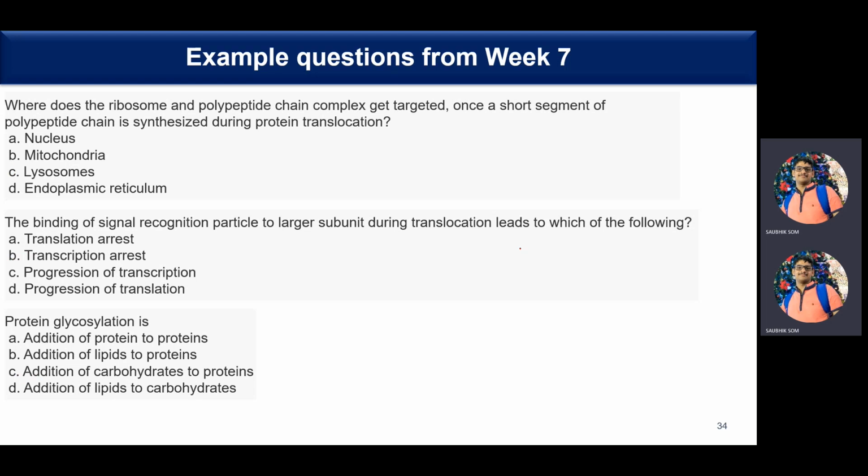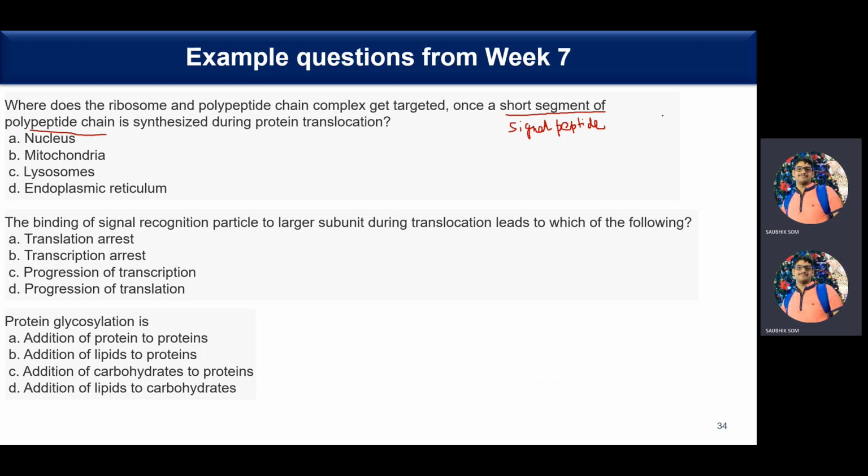Where does the ribosome and the polypeptide chain get targeted once a short fragment of the protein chain is synthesized? So this short fragment here is the signal peptide.